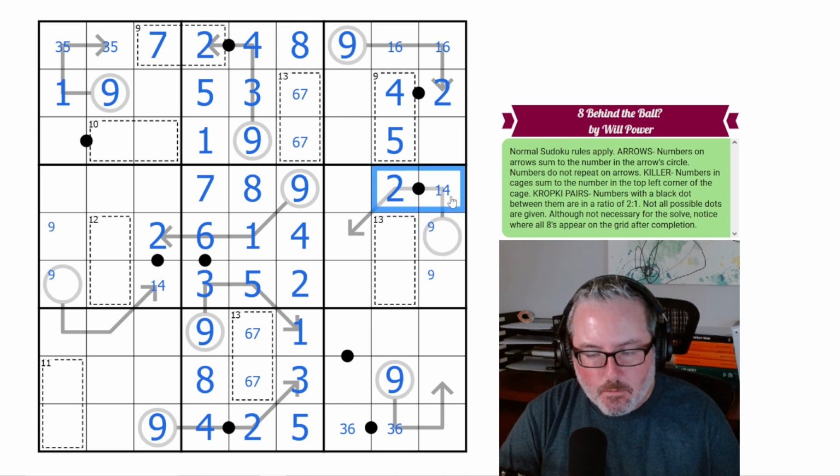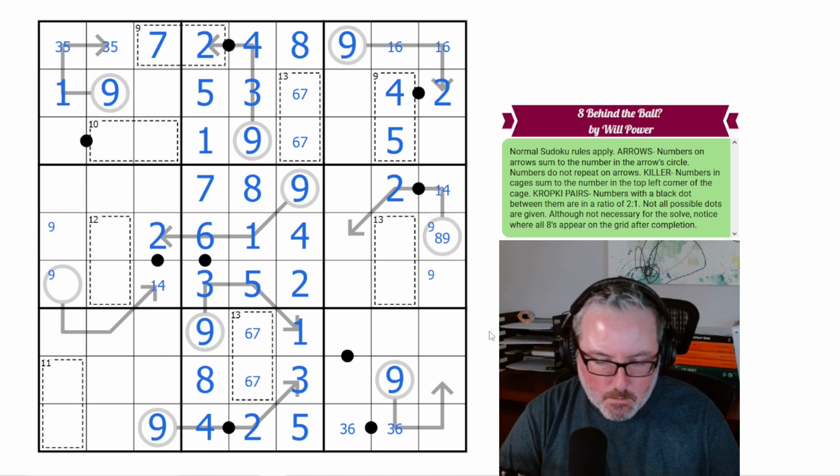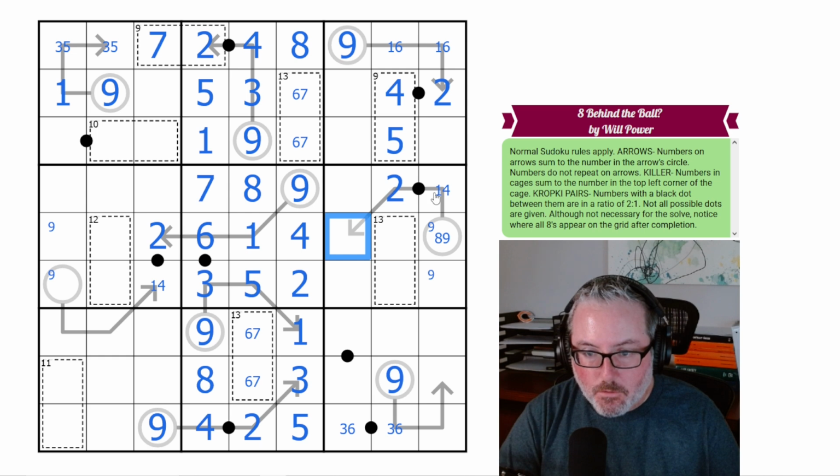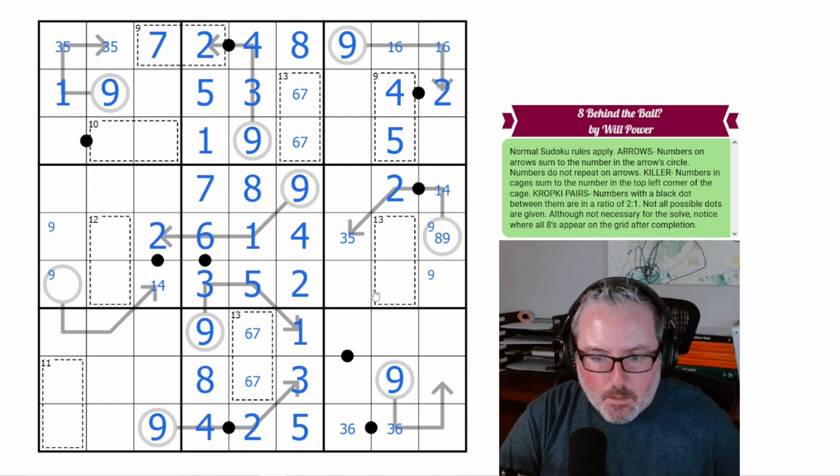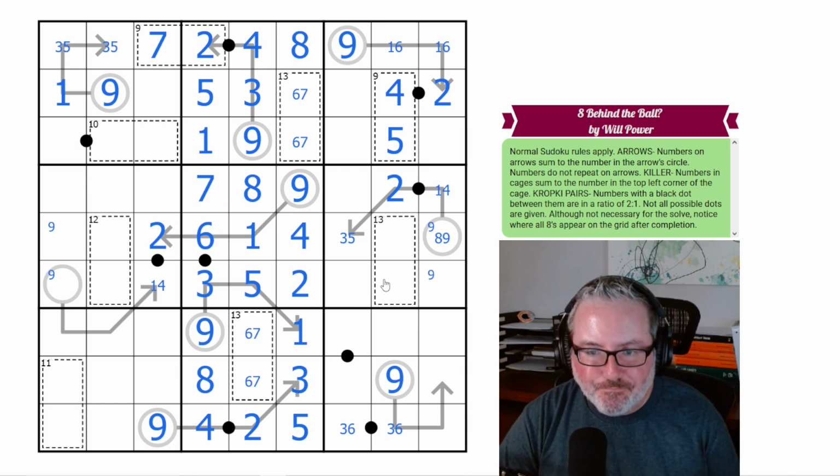If this was 2, 4, we're already up to 6. This would have to be 3 and this would have to be 9. So these are from 8 and 9. And what did we say this would have to be? If this was 2, 1, this could be 5. There's nothing seeing that. And if it's 2, 4, this would have to be 3. Okay. Again, that didn't help us all that much.